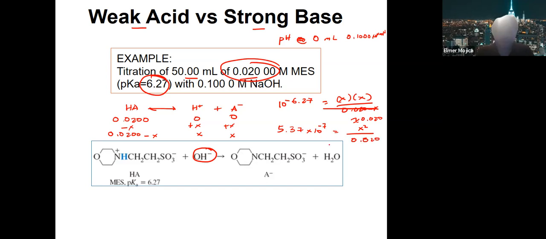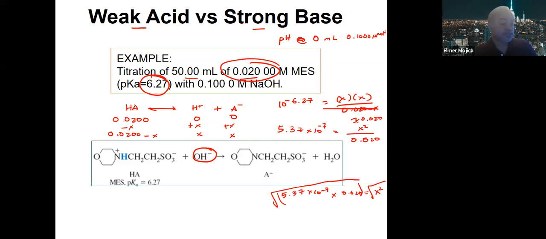So you cross multiply, and you have an X squared, and then you get the square root of the product, that 10 to the negative 6.27 times 0.020.